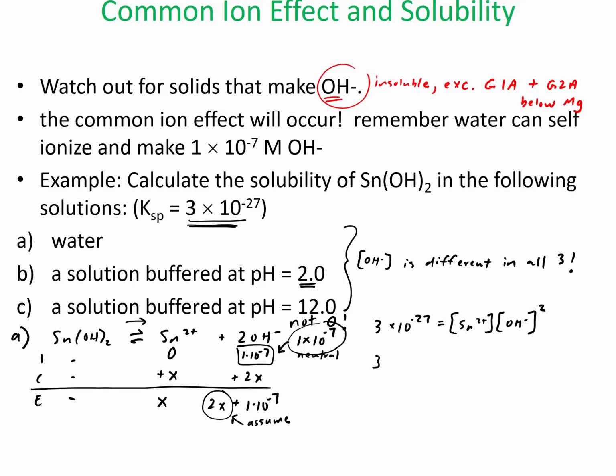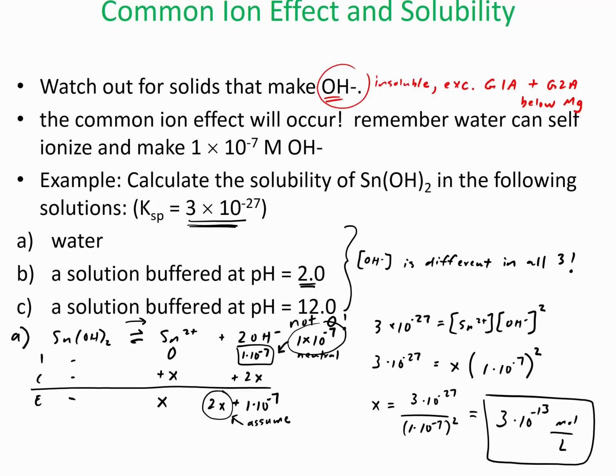So I get 3 times 10 to the negative 27th equals x, and I'm going to use the assumption rule, so 1 times 10 to the negative 7th squared. So x equals that over 1 times 10 to the negative 7th squared. Okay, and then x would be 3 times 10 to the negative 13th moles per liter.